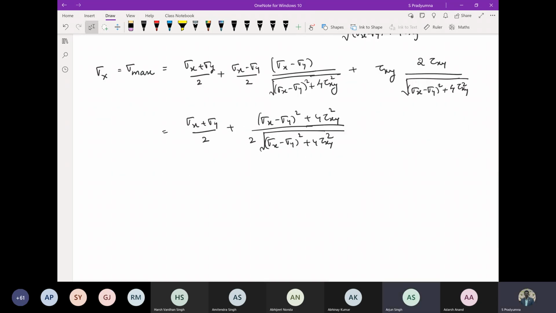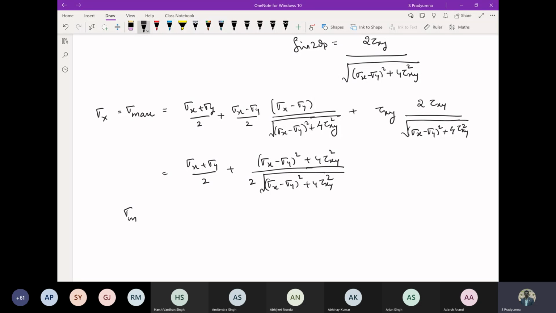Fine. Therefore, I can write that sigma max is equal to sigma x plus sigma y by 2 plus square root of sigma x minus sigma y by 2 square plus tau xy square. This is the value of sigma max.